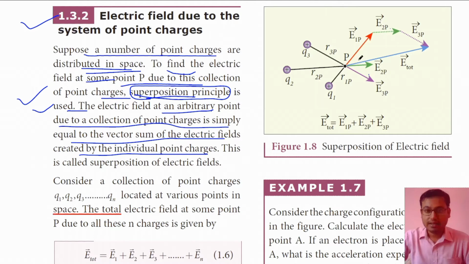So here we have 3 vectors: E1p, then E2p, which is parallelly shifted here, and E3p, which is parallelly shifted to this point. This blue colored vector is the resultant of all the electric fields acting at point P because of charges q1 plus q2 plus q3.